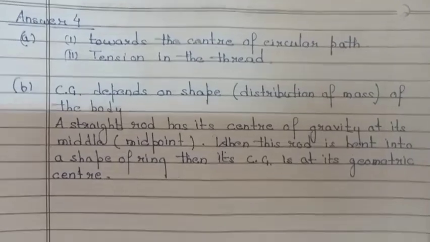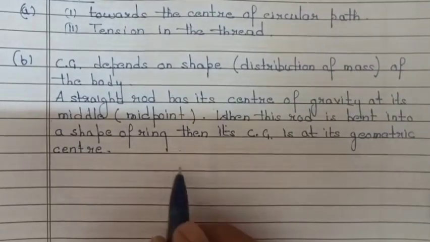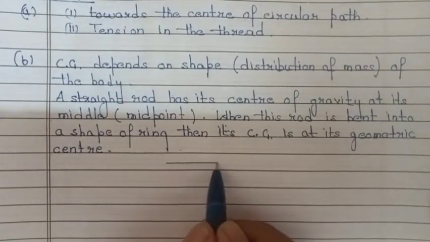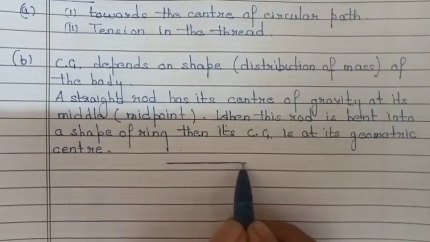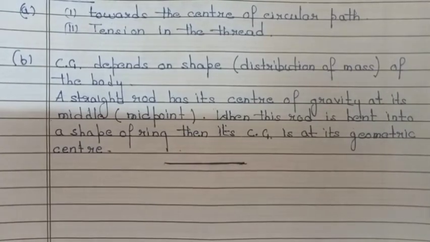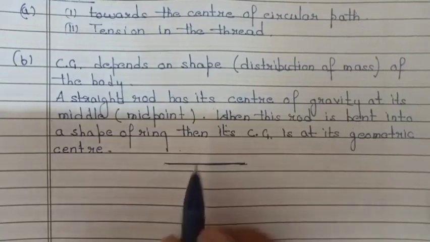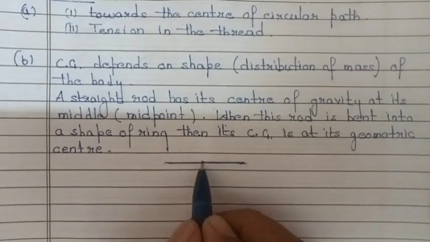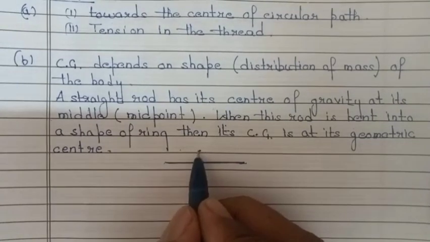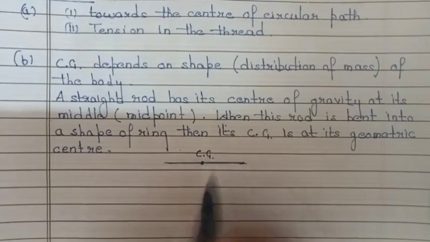Okay, now if I show you with the help of a diagram, I am considering a straight rod, and if I ask you to mark the center of gravity of this rod, you will take the midpoint, and at this midpoint will be the center of gravity.